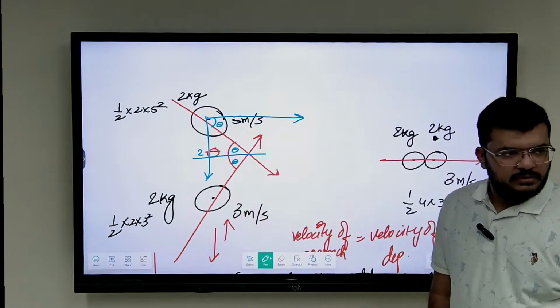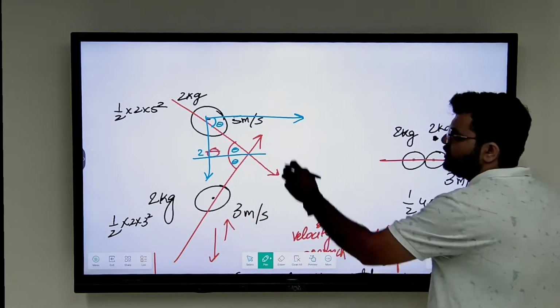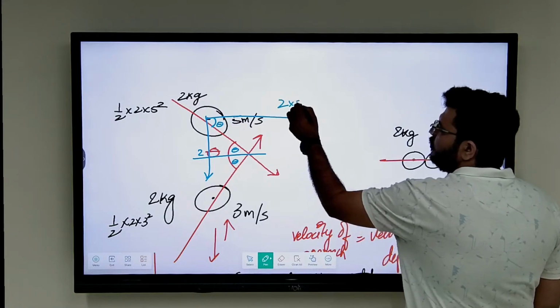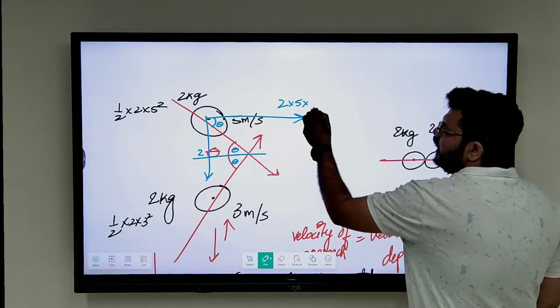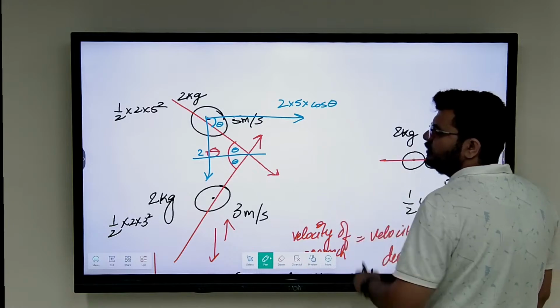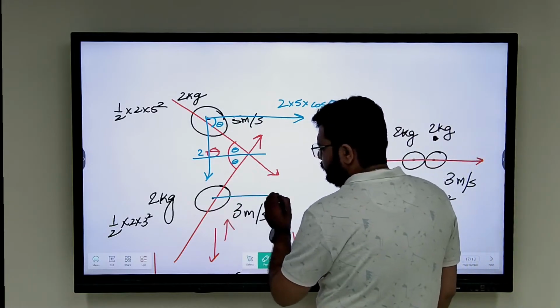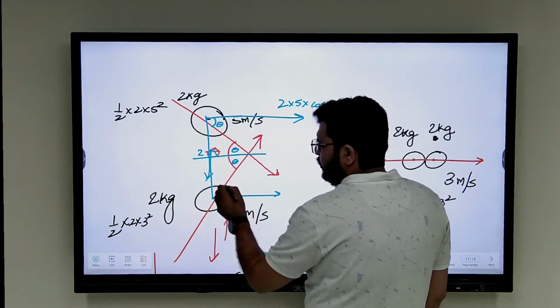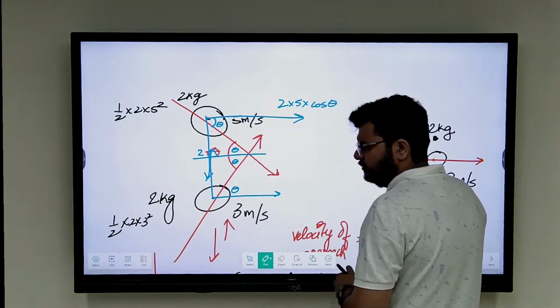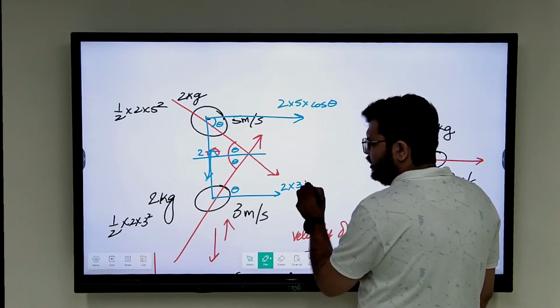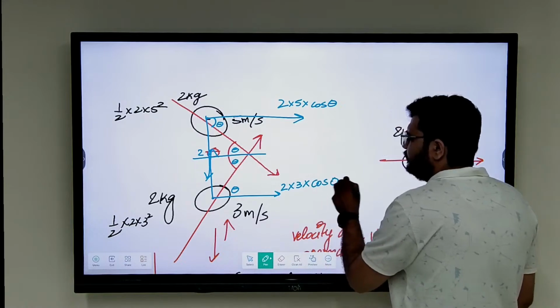Yes. So this is 2 into 5 into cos theta, right? This is also theta. So this will be 2 into 3 into cos theta.